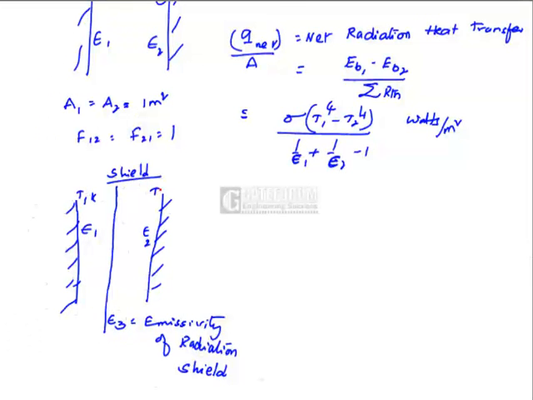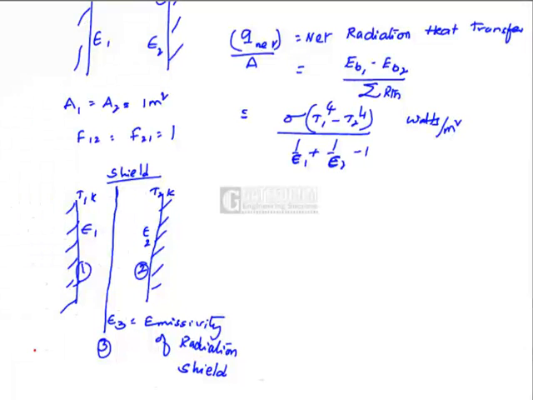T1 Kelvin, T2 Kelvin are the temperatures of the two gray surfaces. The shield has got emissivity of epsilon 3. Now, the radiation network for this heat exchange between surface 1 and surface 2, 3 is taken as the shield.